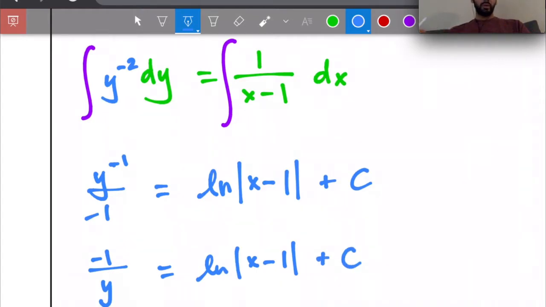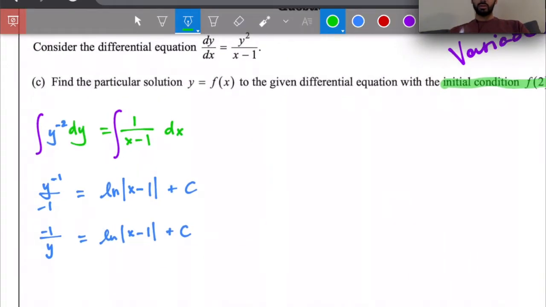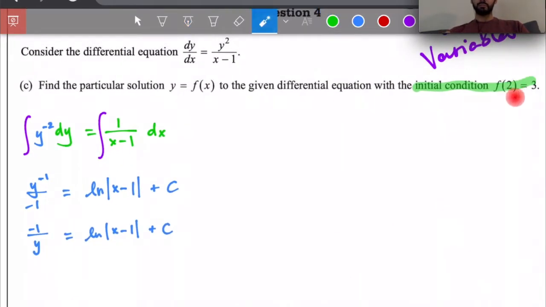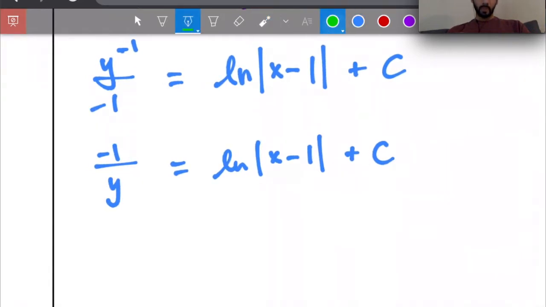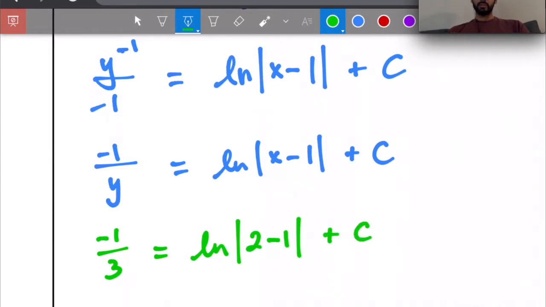So now I want to find the particular solution by plugging in this coordinate (2, 3) into here, and then I can solve for the c value. So x is 2, y is 3. So -1/3 equals natural log of 2 minus 1 plus c.